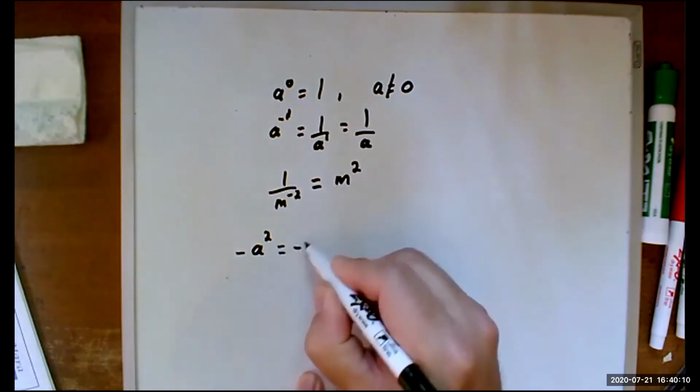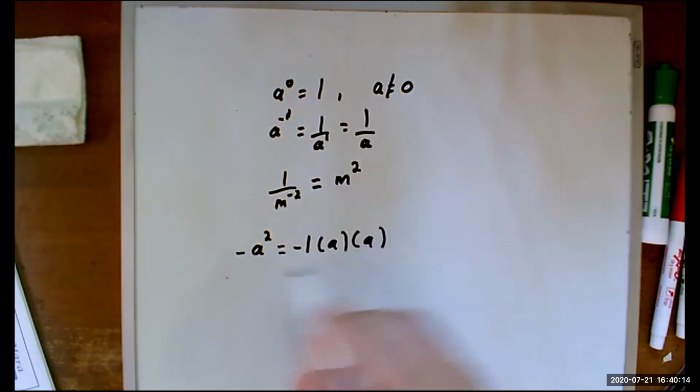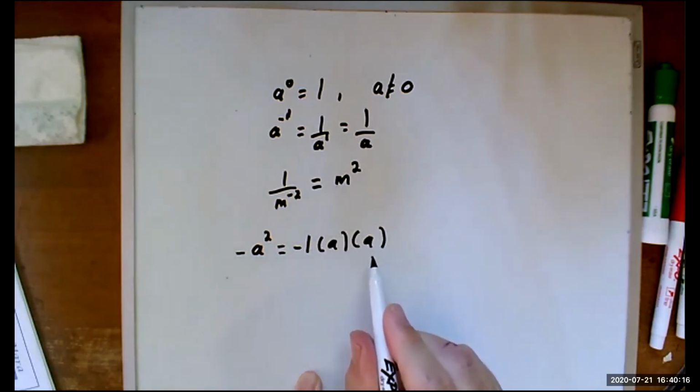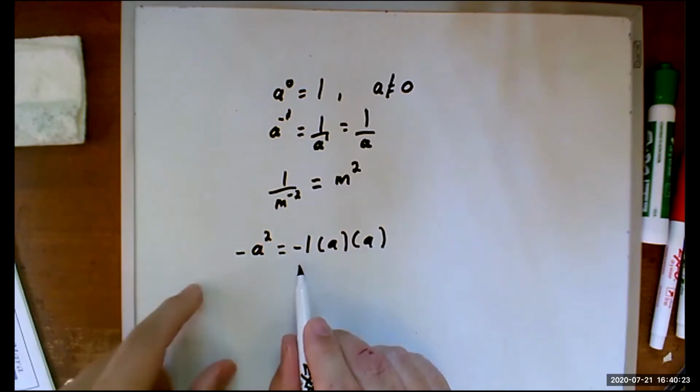The next part that I want to deal with in terms of negatives is taking note of where the negative falls in relation to your base. If you see something like this, you want to break it out into all of its pieces.